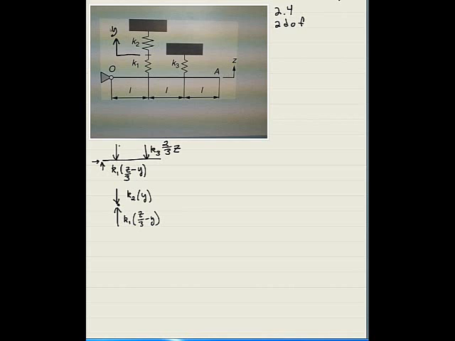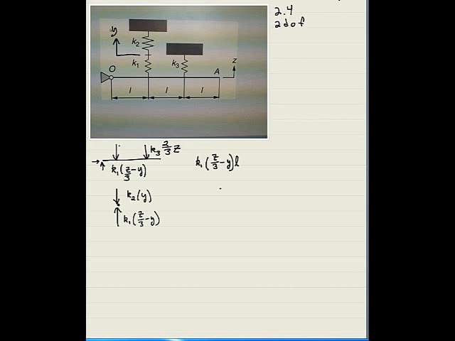sum the forces. In the case of the beam, I'm going to sum moments. So if I sum moments around O, I get K1 times (z over 3 minus y), which is the force, and then I need to multiply by the moment arm, which is L. Now, this is producing a moment in the clockwise direction, and since z is positive up, that's counterclockwise, this would be a negative moment.